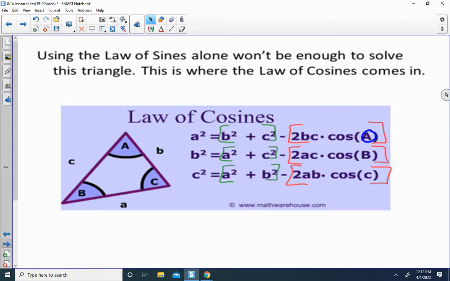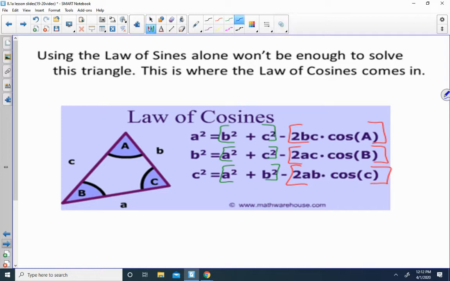And the law of cosines is not as pretty as what we worked with yesterday. And just so you know, you're probably thinking, oh, I got to memorize 3 formulas for the law of cosines? That's what it looks like. But I just want to point out, these 3 formulas actually mean the same thing.